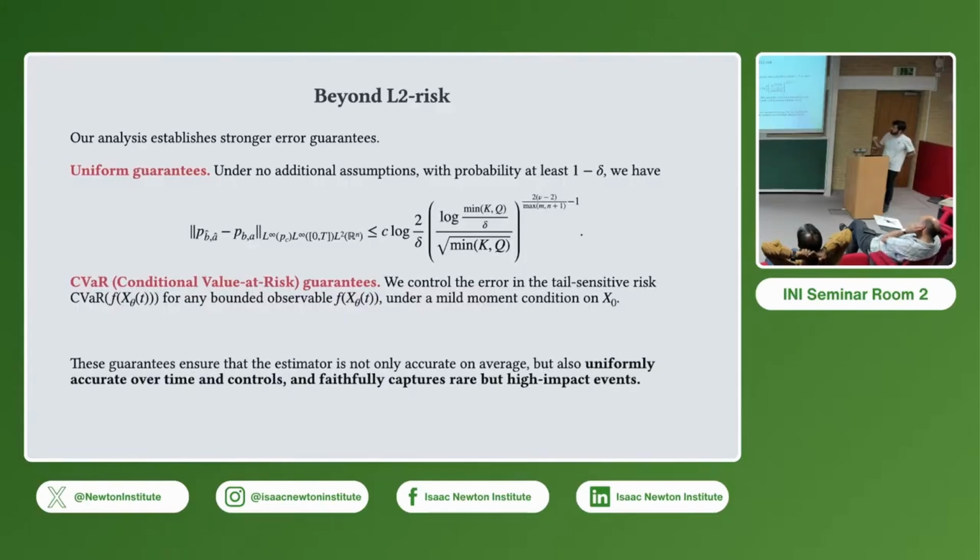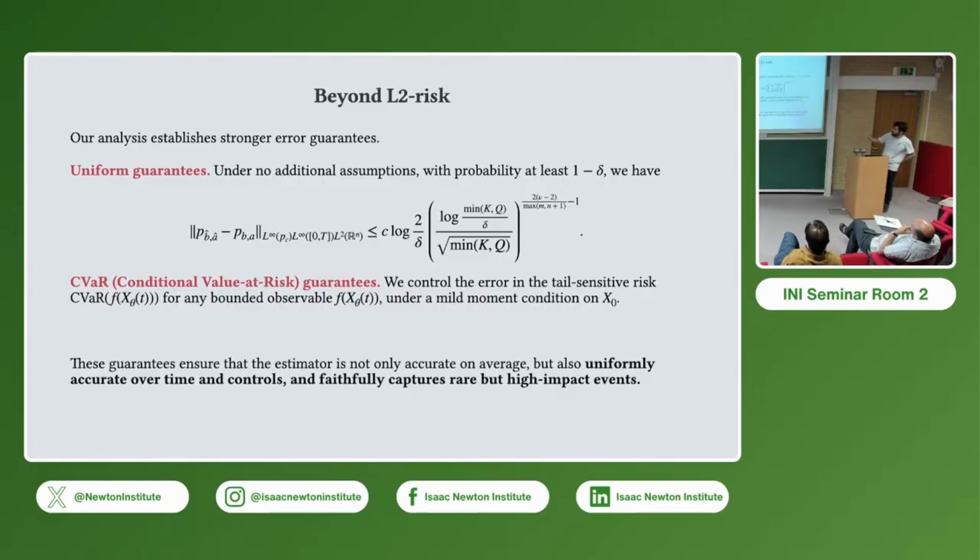And also, Ricardo was very interested in having CVaR guarantees, meaning that he wanted to ensure that the tails of the system are correctly reproduced, if you have an observable F, which can be a cost, for example. This is important for applications that are risk sensitive.